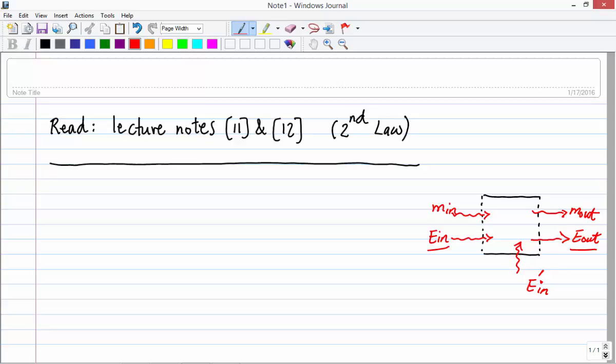Entropy represents some sort of chaos in your system. When you add mass to your system, imagine that you are in a room and the door opens, and 10 people come into the room. What would happen? People are walking around, talking, making noises.